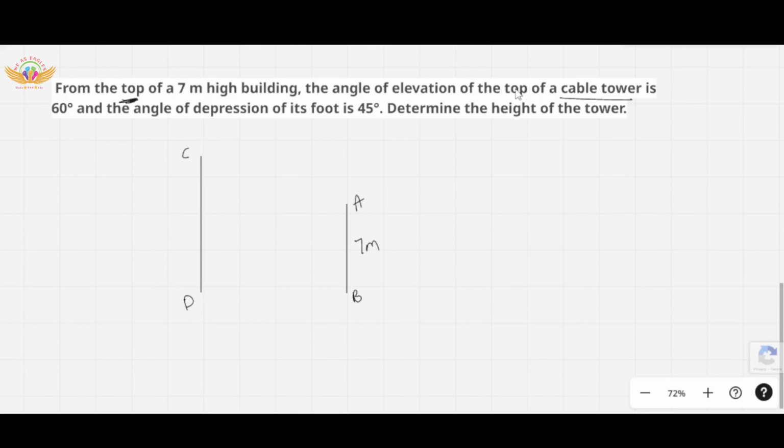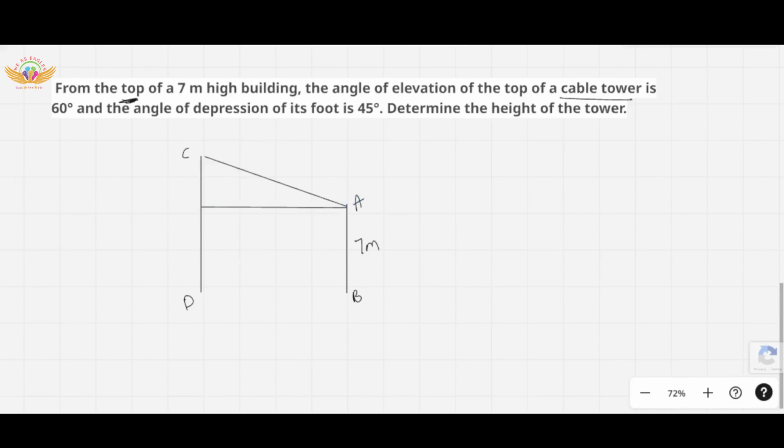They didn't mention the height of the cable tower here. And from the top of this building to the top of this cable tower, it is making an angle of elevation of 60 degrees. So from here to here, it is making an angle of elevation 60 degrees. So let us join these 2 points.